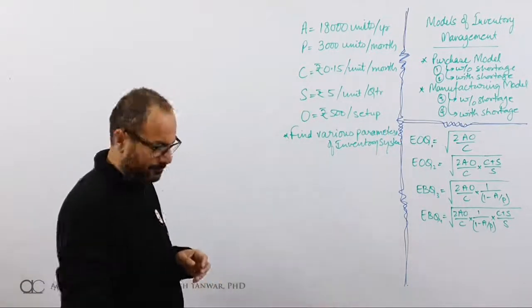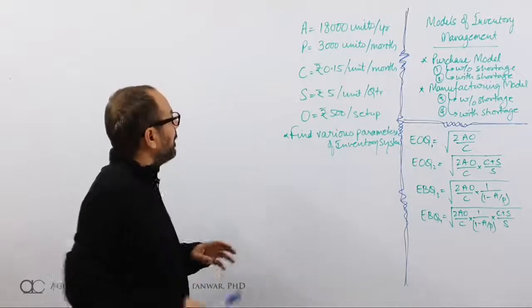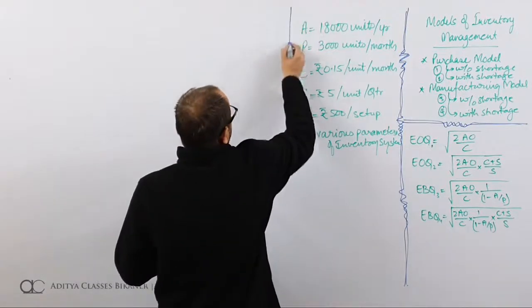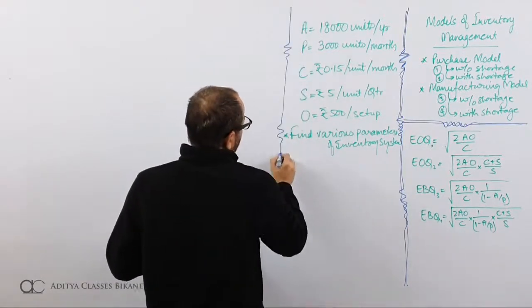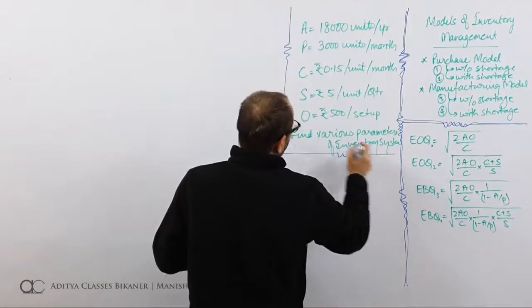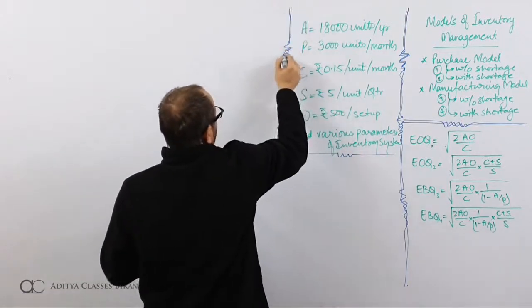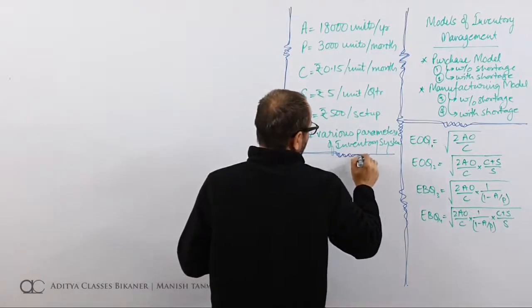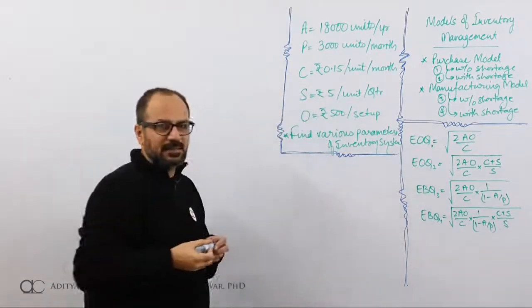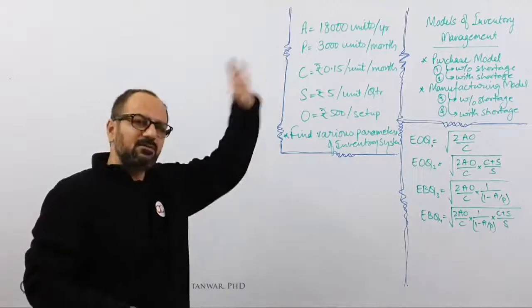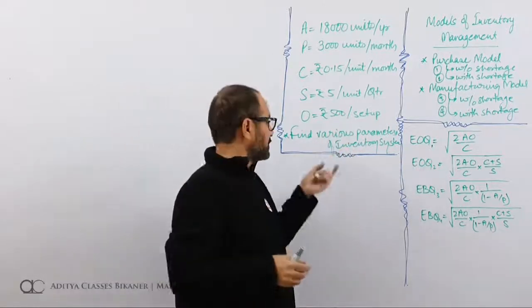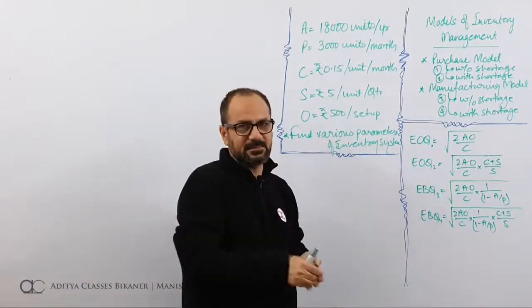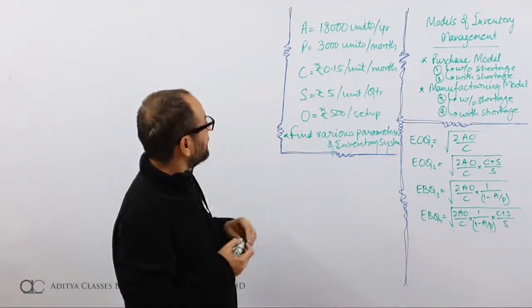So this is the scenario. First of all, let us find out what model this is, and then we'll see what the various parameters can be. First of all, we need to identify what model we are talking of. Then only we can plot the graph for it, and then only can we go for various parameters of the inventory system. Now, which model would this be?